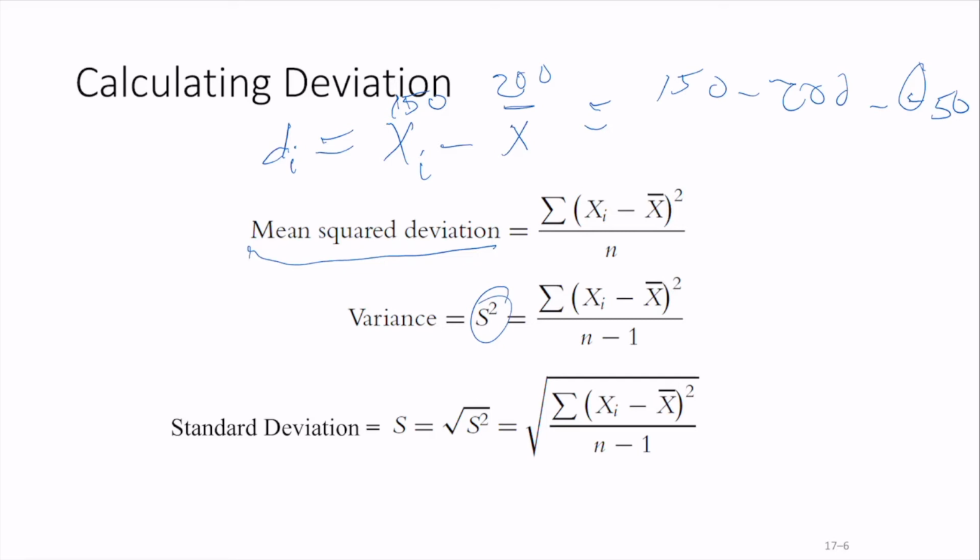So that will give you a better assessment of where you're at. If it's 0, then every observation will be the same as the mean.